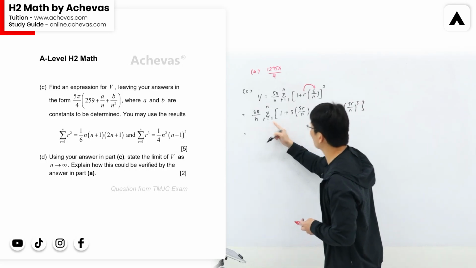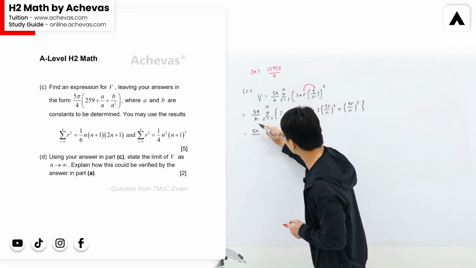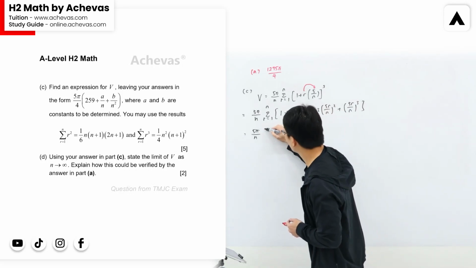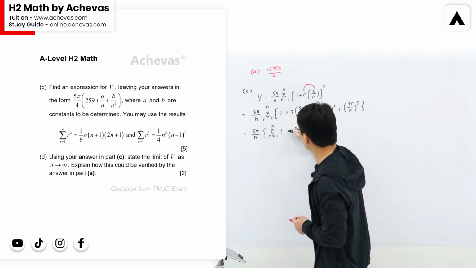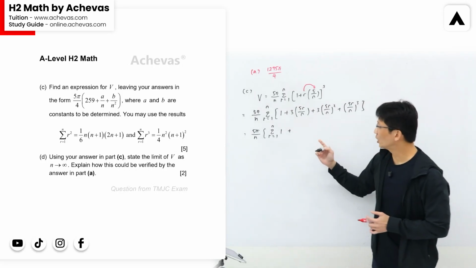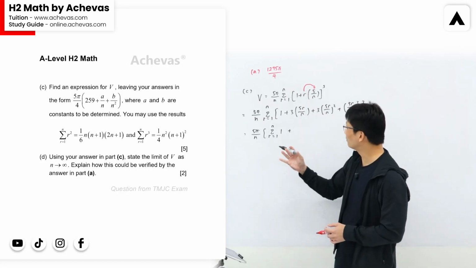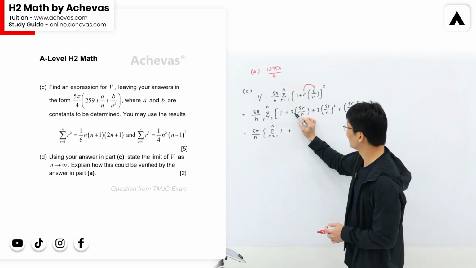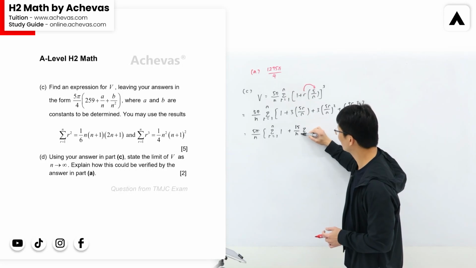We're going to break up this summation for each of these terms. So 5 pi over n, this will be a summation r equal to 1 of 1. For summation, I usually prefer to factorize out all the constant terms so that it won't be so messy. There are constant terms here, 3, 5, and n. I lump them together and factorize them out from the summation sign.